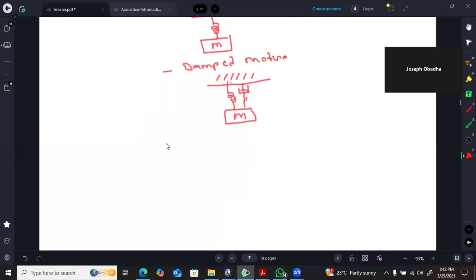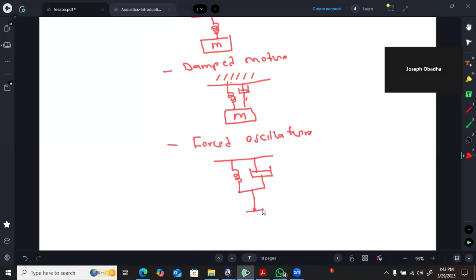Then we looked at the forced oscillations. For forced oscillations, we saw that here you have your mass, you have your damper, but you also apply some force.